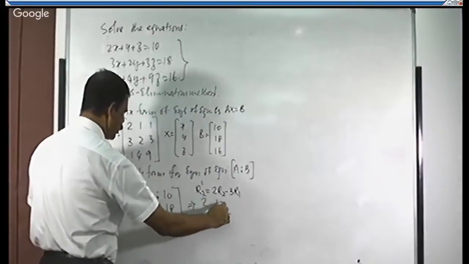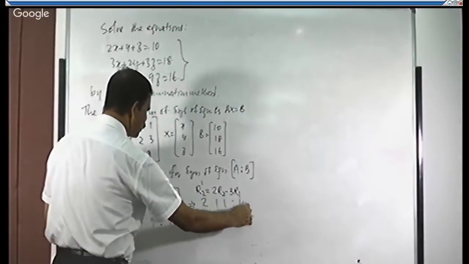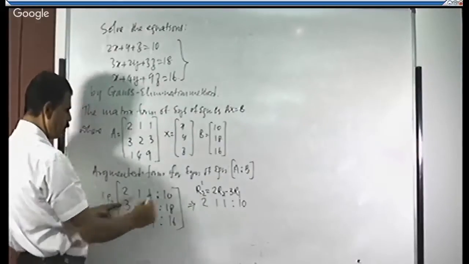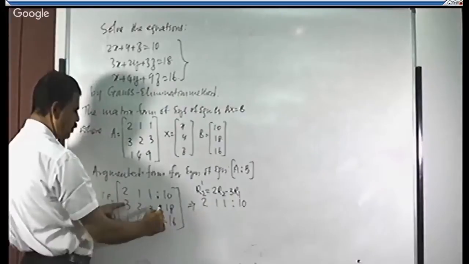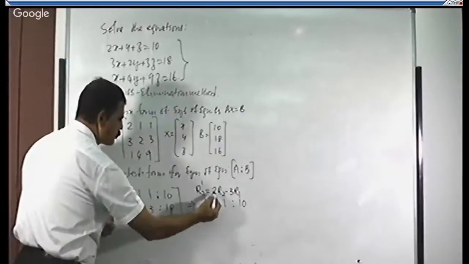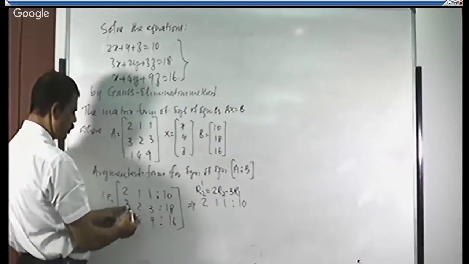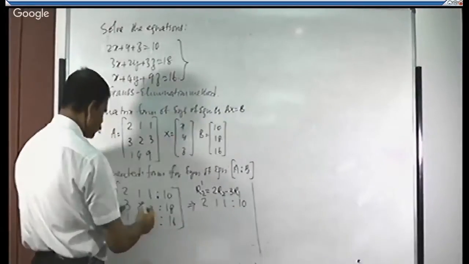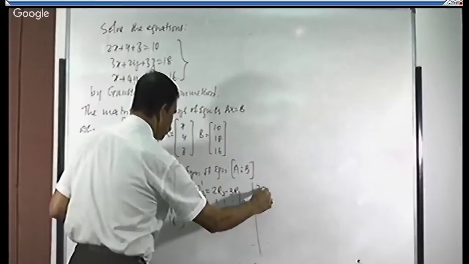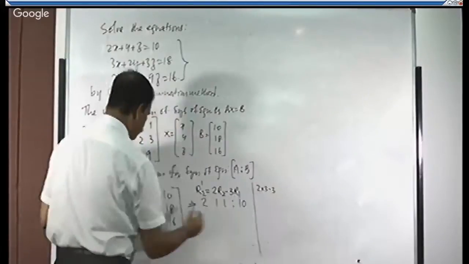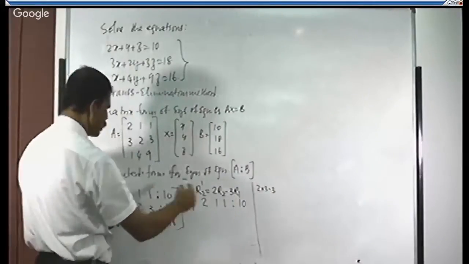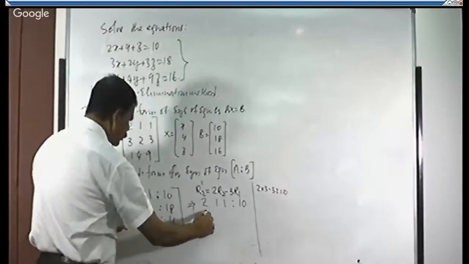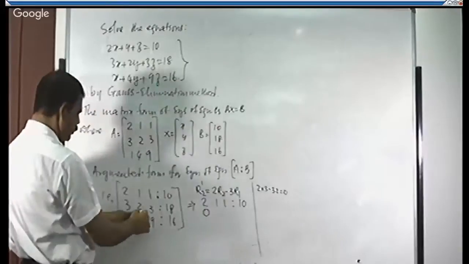So according to this operation, this becomes 2, 1, 1 is to 10. I am not changing anything in the first row and third row. I am just applying the rule for second row elements. So for the first element, 2 into 3 minus 3 into the corresponding element of first row, 2, is 6 minus 6, which becomes 0.